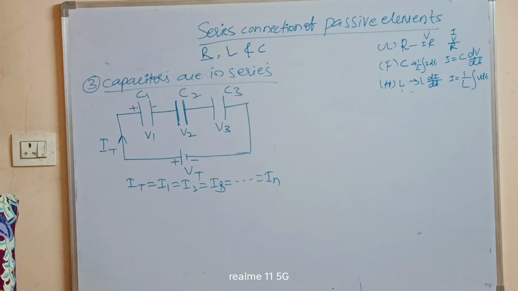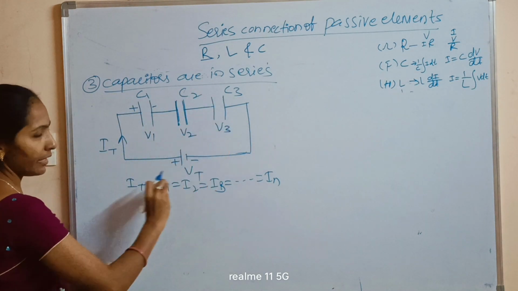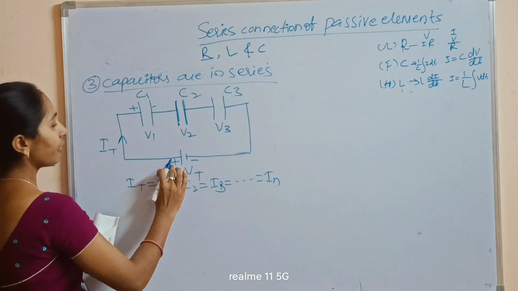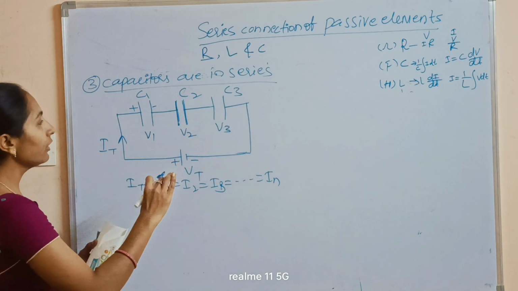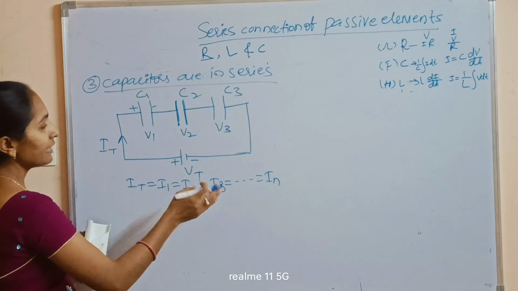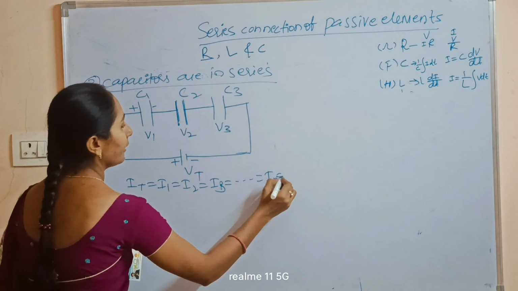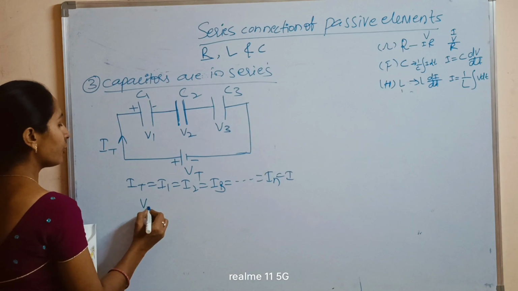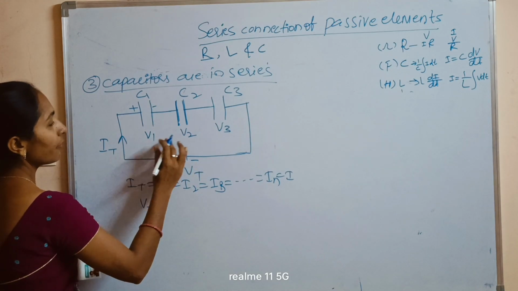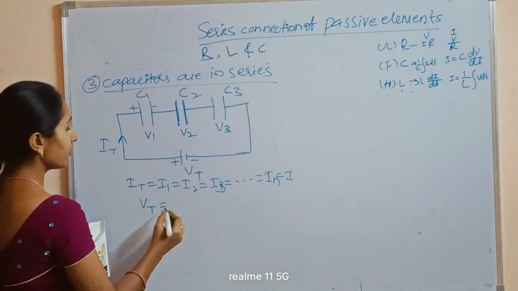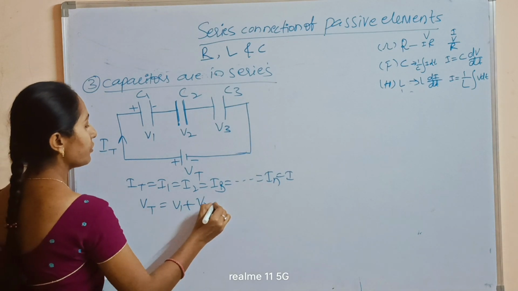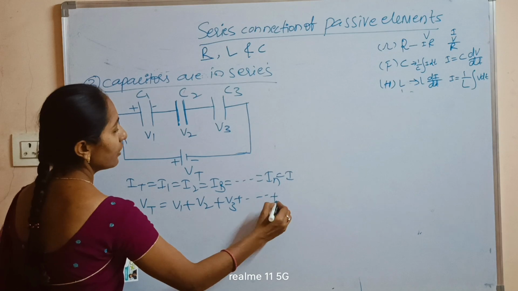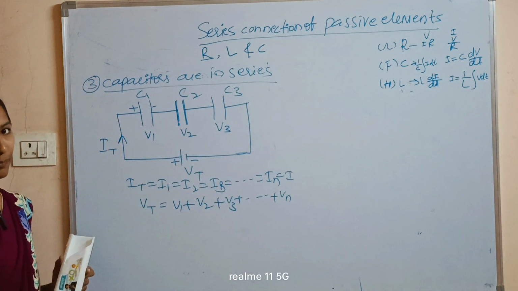Current is in same path, only single path is available. There is no separate path to divide, only single path from positive to negative. So consider each element current is I only. Now coming to voltage. V total is equals to sum of individual voltages, so V1 plus V2 plus V3. If n numbers are connected in series, consider as Vn.